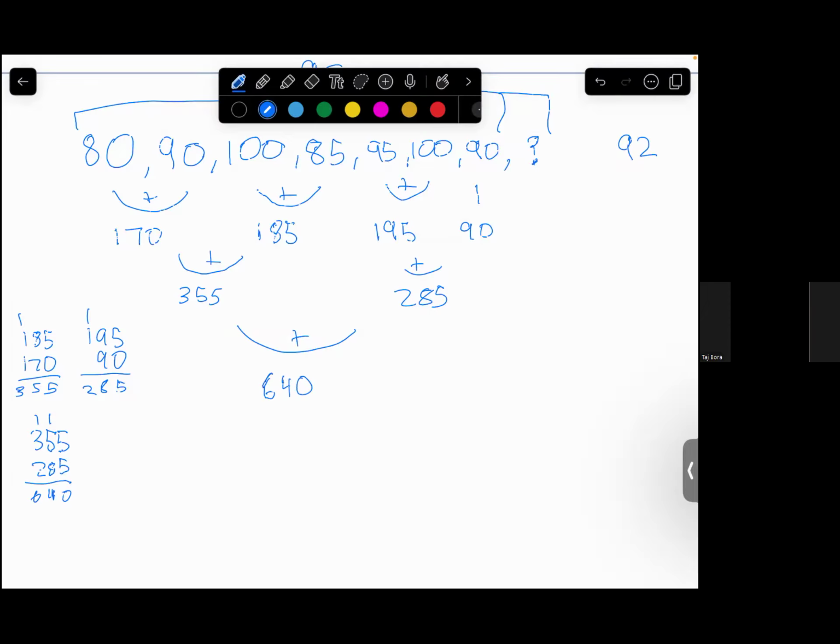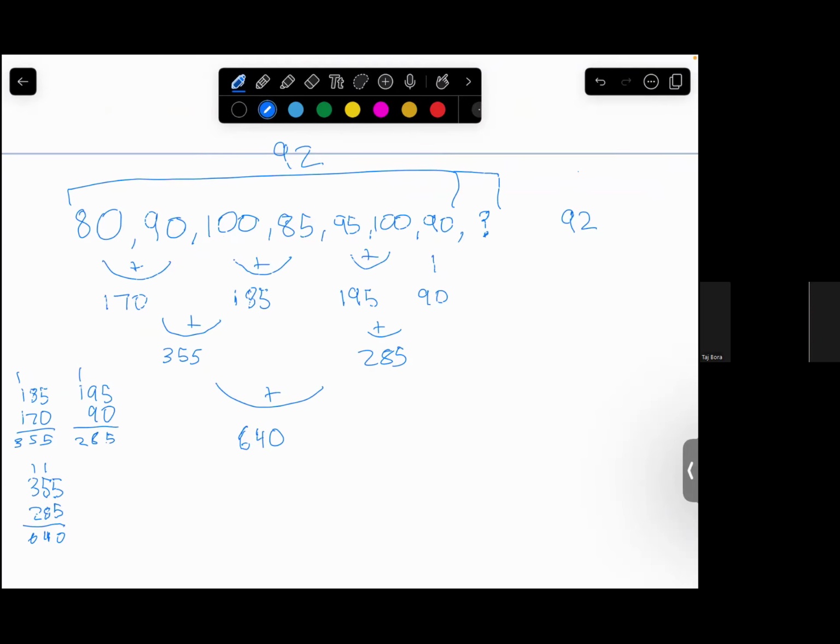So, over the course of 7 tests, he has scored 640. So that is the first step. I will wait for everybody to write this down and then I'll move on.